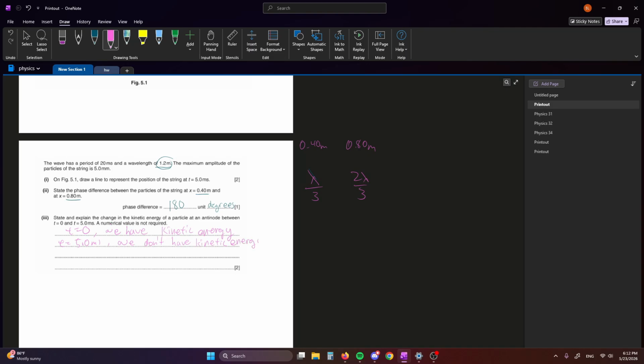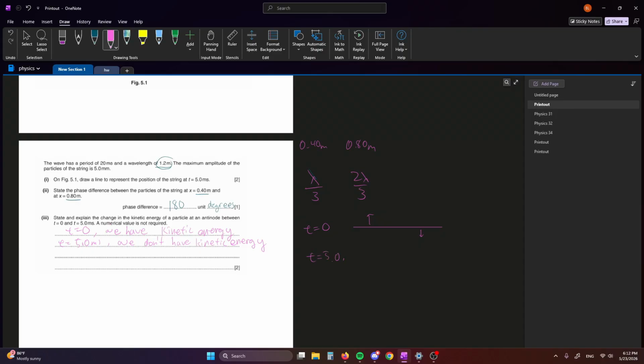This is mainly because for t equals 0, we're kind of just in a straight line, right? We're in a straight line, but we're not in equilibrium where it's just a straight line. We're either going to be moving up or moving down. So there's a certain velocity associated with that, and thus we have kinetic energy.